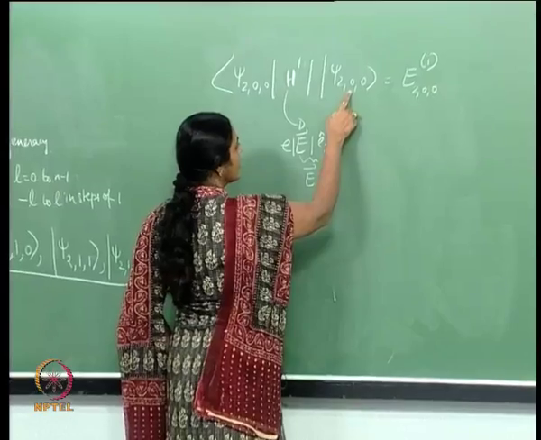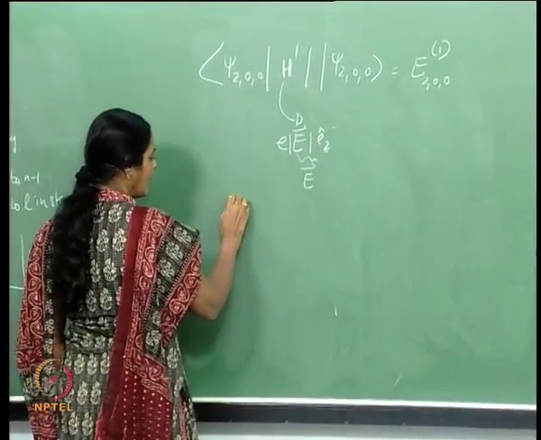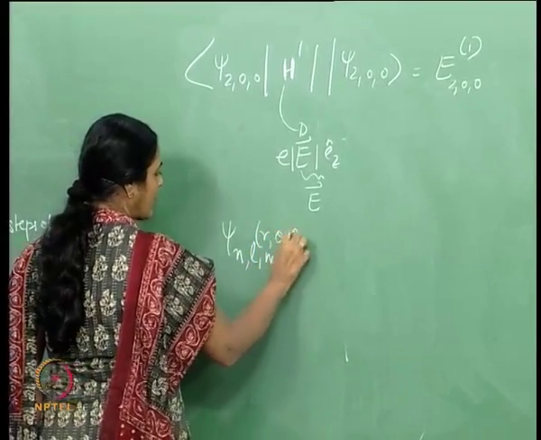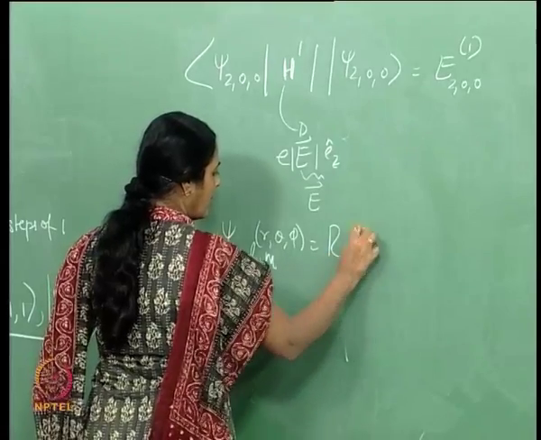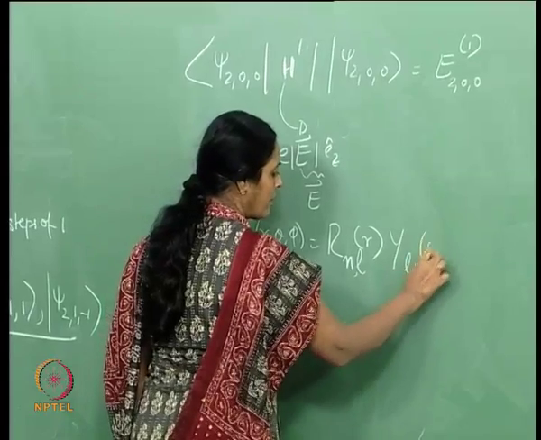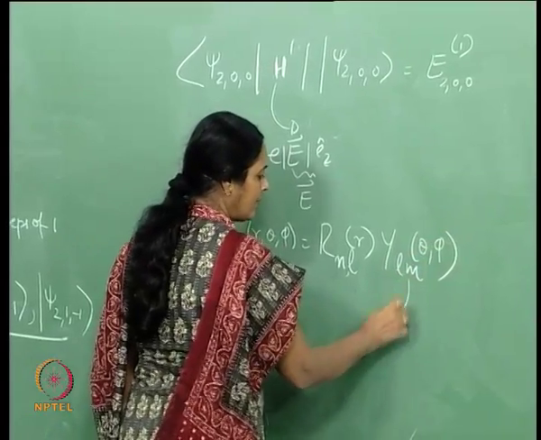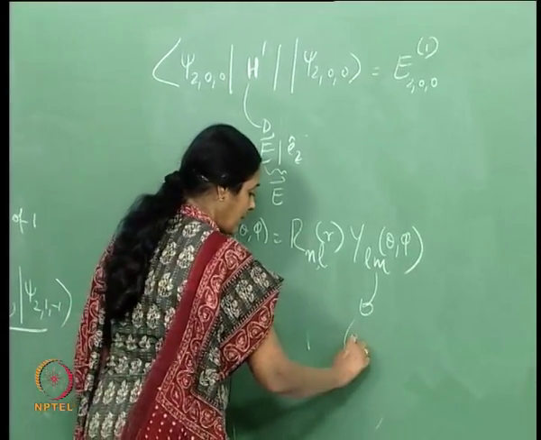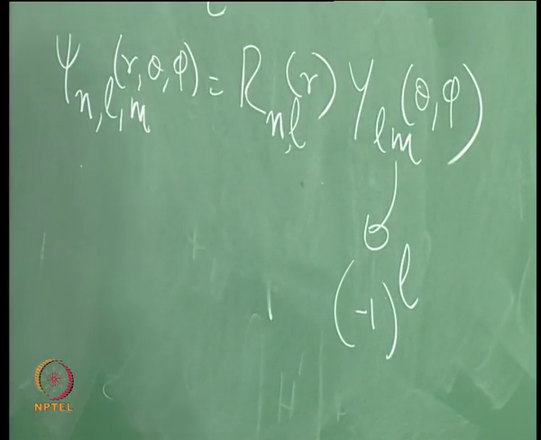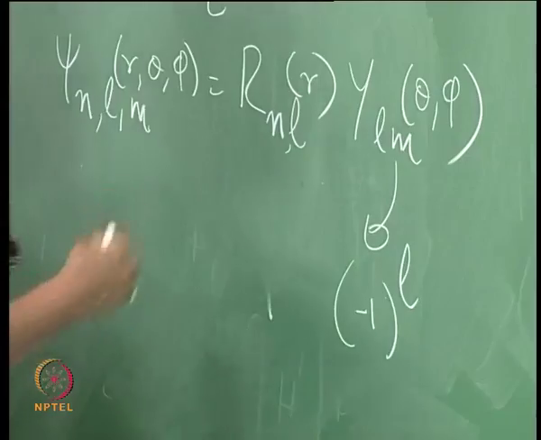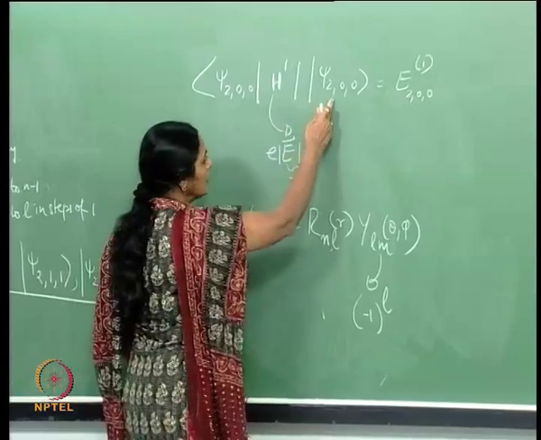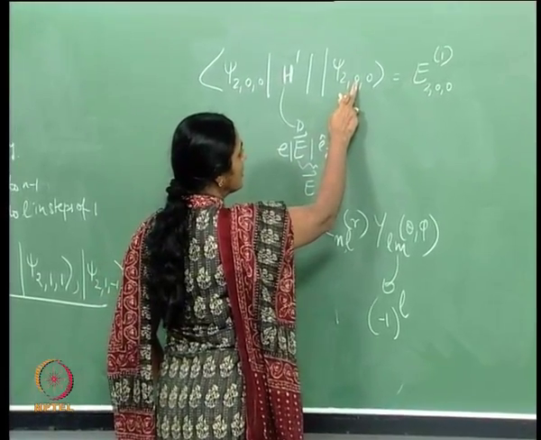These wave functions, the angular part of the wave function, in general psi n L m of r theta phi, in the case of the hydrogen atom, has a radial part given by R n L of r and an angular part given by Y L m of theta phi, and this is the object that tells me that every energy eigenstate of the hydrogen atom has a definite parity given by minus 1 to the L. So, this quantum number is L.